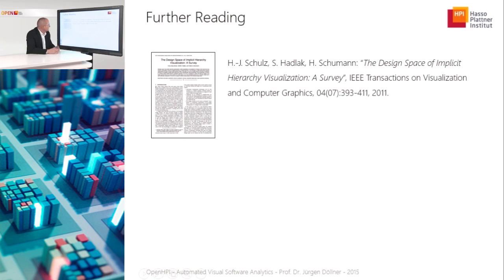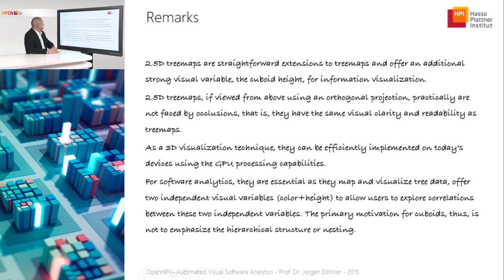Finally, some remarks. We have seen 2.5-dimensional tree maps are, in a way, straightforward extensions to regular tree maps. They offer an additional strong visual variable, the cuboid height, for information visualization. 2.5-dimensional tree maps, if viewed from above using an orthogonal projection, practically are not faced by occlusion.